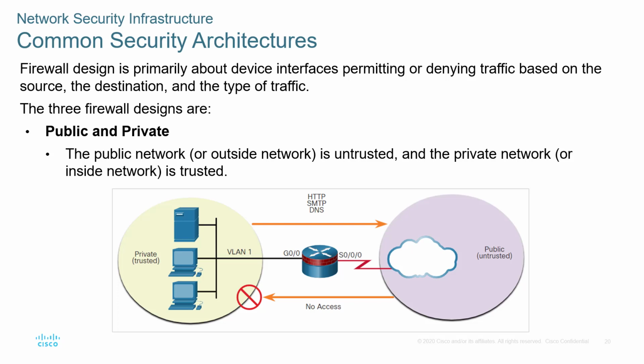For example, inside the trusted network, you may go to Amazon.com. Well, that request will have to go out to the public or untrusted network. What will happen is the untrusted network will route it to Amazon. Amazon will then respond with the appropriate response, and that will go back through.